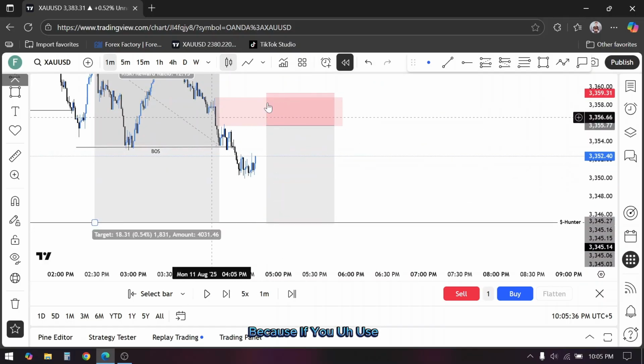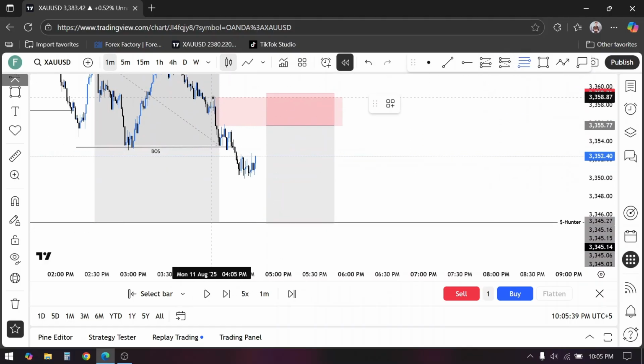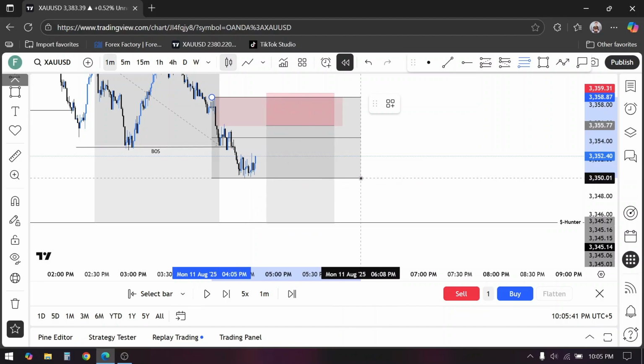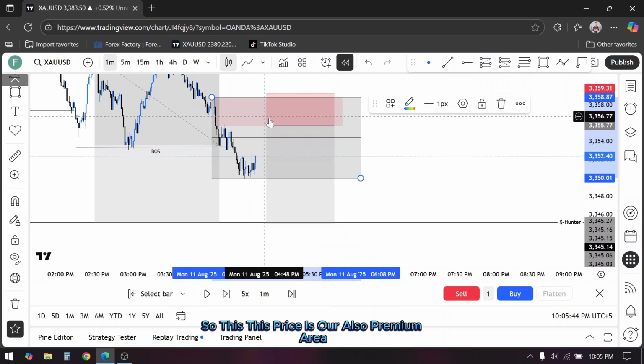Because if you use premium and discount, so this price is our also premium area.